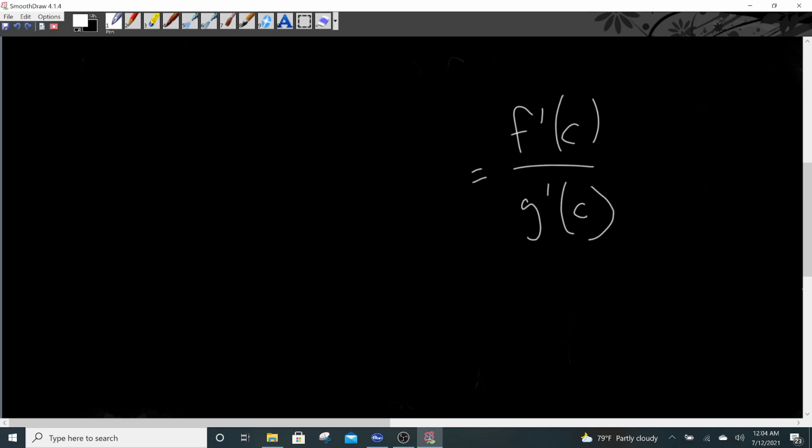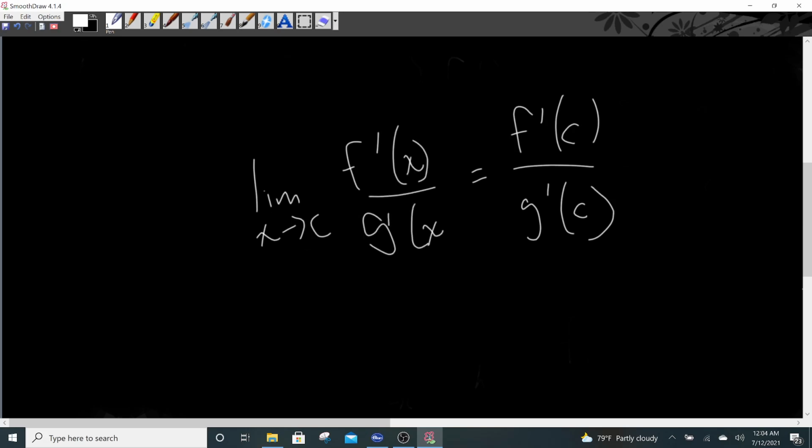If we imagine that some direct substitution has already occurred, we have c where x should be, we should kind of unsubstitute it in our heads, and we can say that this is the natural evaluation of the limit as x approaches c of f prime x over g prime x.